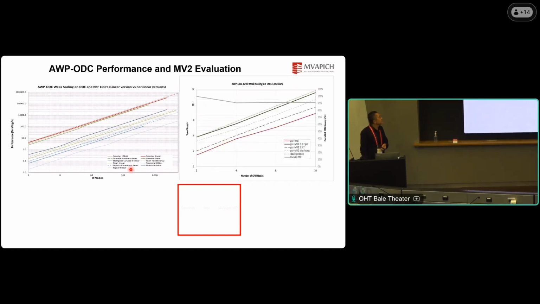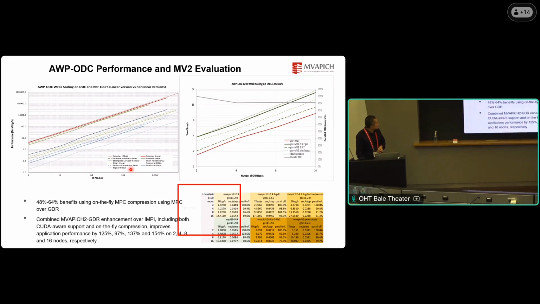We also had a comparison of the performance on TACC Lonestar. It's an experiment comparing default Intel MPI and MVAPICH, and MVAPICH with GDR and also with on-the-fly compression, to see how the performance makes a difference. Here are some results using the linear code. We see that up to 16 nodes you can get up to 154% performance gain.